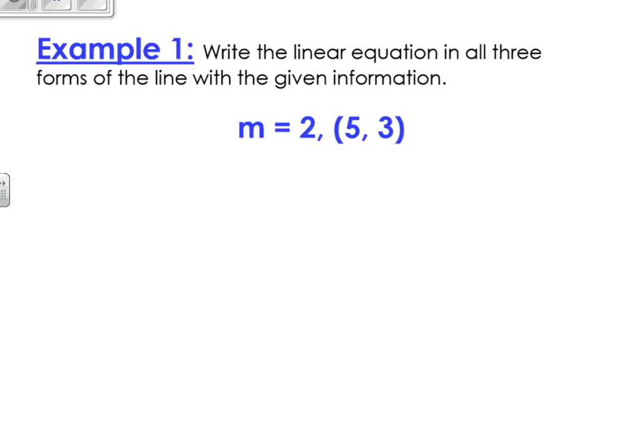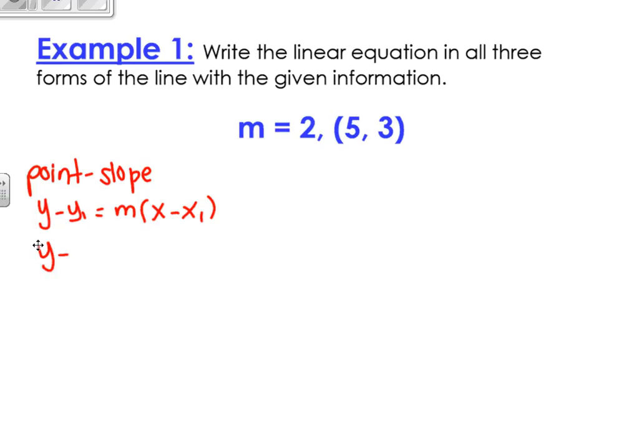So when we go to write it in point slope form, the easiest way is to use your blanks. The formula was y minus y1 equals m times x minus x1. So the easiest way again to do that would be y minus blank equals m times x minus blank, and then just fill in what we know.